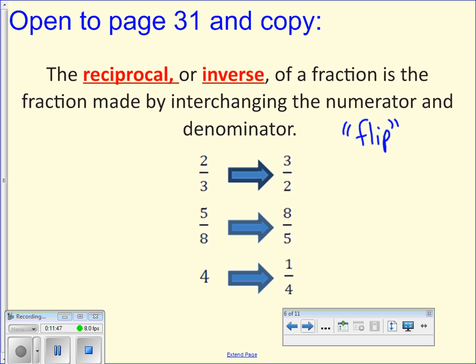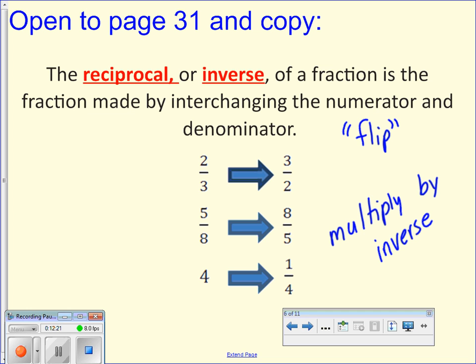But now that we're cool middle schoolers, we're going to say multiply by the inverse. So if our original fraction was a proper fraction, our inverse will be improper. If our original fraction is improper, the inverse will become a proper fraction.